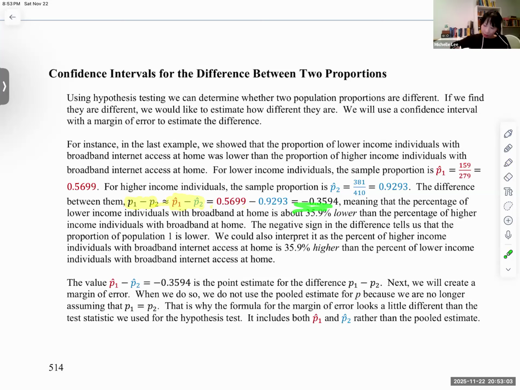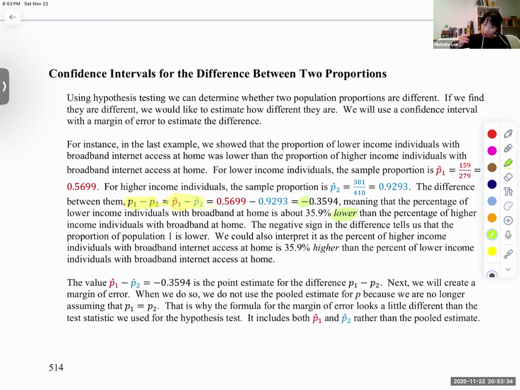This means we have a negative, so the percentage of lower income individuals with broadband at home is about 35.9 lower. So we have a negative, so that is lower.